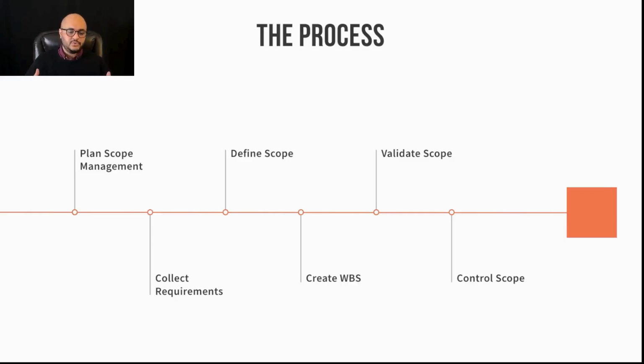I need to make sure that I have tight control over the scope, that it doesn't get too wide from me, because scope changes as you go through the project. It changes. And you want to control those changes very, very incrementally. Not all change is bad, and we're going to talk about scope creep in a bit. Not all change is bad, but you need to make sure that you're controlling changes.